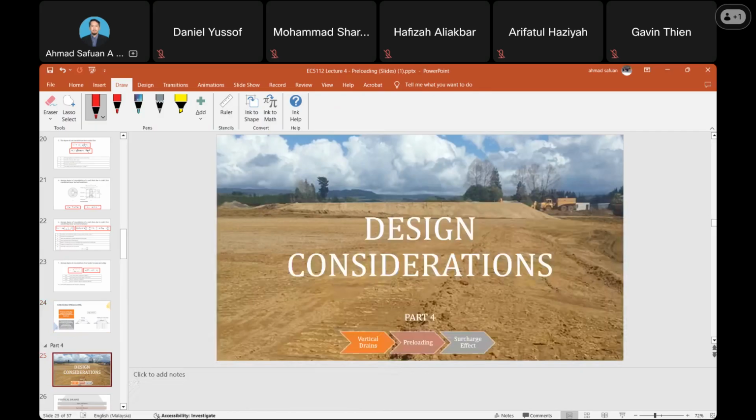Now we look at design considerations. We have identified the basic equations for these preloading methods. So now we look at the design considerations for the preload, vertical drain, preloading, and surcharge effect.